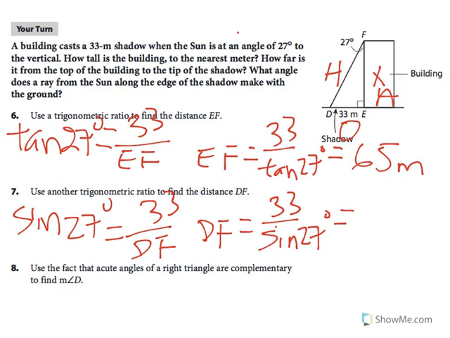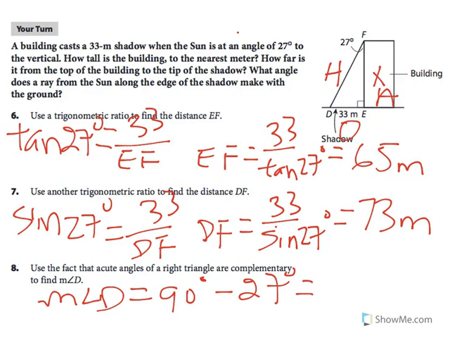So then we said we worked this out to be 73 meters. Right, and for number 8, use the fact that acute angles of right triangles are complementary to find the measurement of angle D. So then the measurement of angle D equal to 90 degrees minus 27. So then it's 63 degrees.